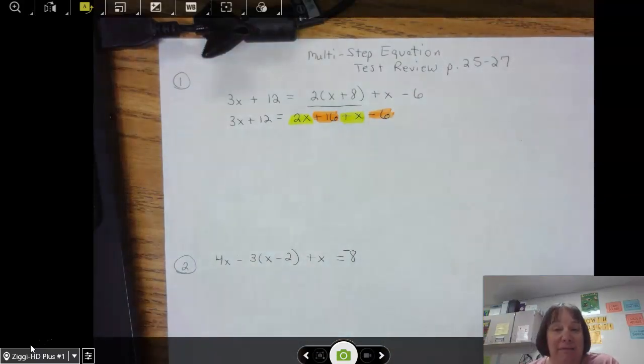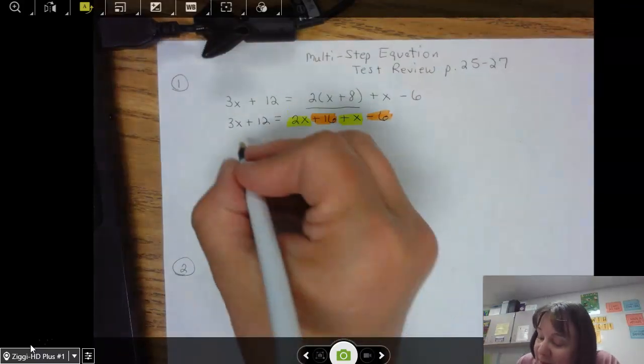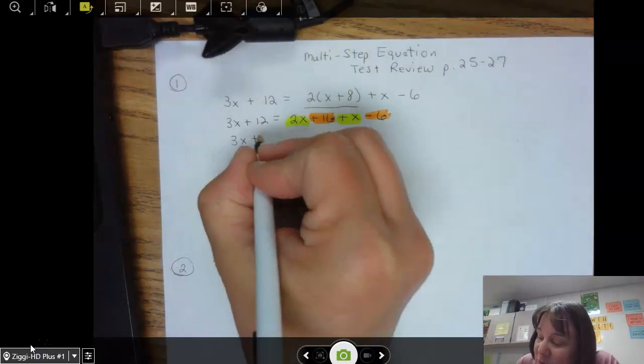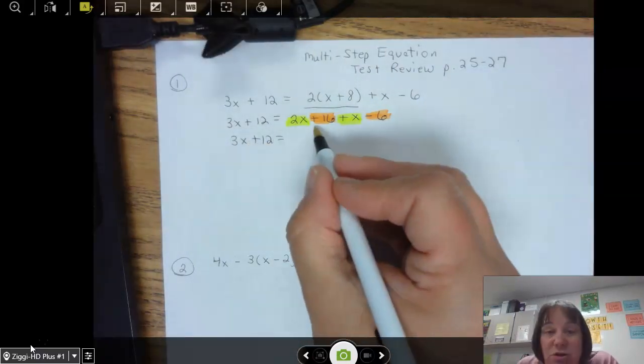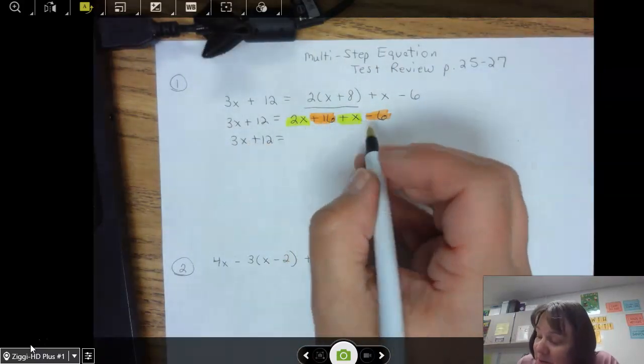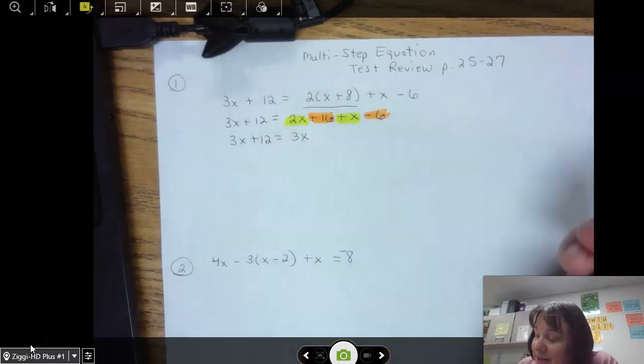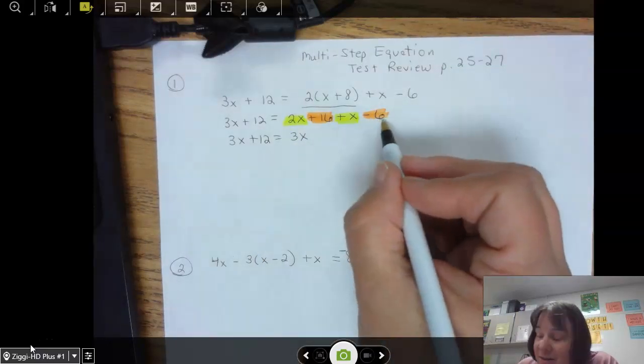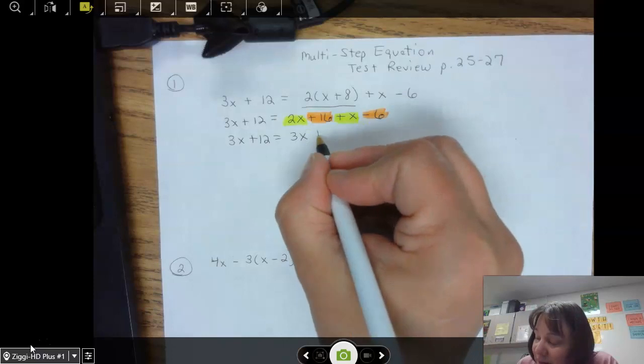I'm going to highlight. So now I'm going to go ahead and combine like terms. So I have 3x plus 12 equals 2x plus 1x would be 3x. And 16 take away 6 is 10. So I have plus 10.